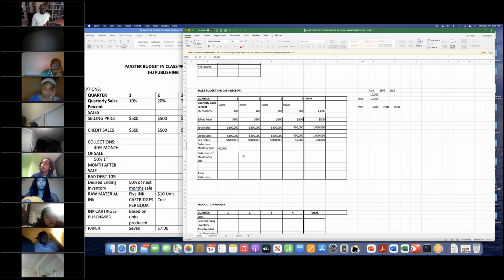That's all we're getting that month. So we made the sale, just like here, TSU had the sale of 10,000, but they only got 5,000. They have to wait here to get the rest. So when you sell on credit, we're assuming here you only get 40% when you make the sale. Then the next month, you get 50%, the rest of your money that's due.